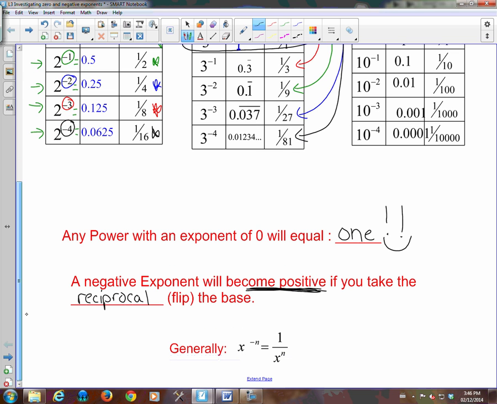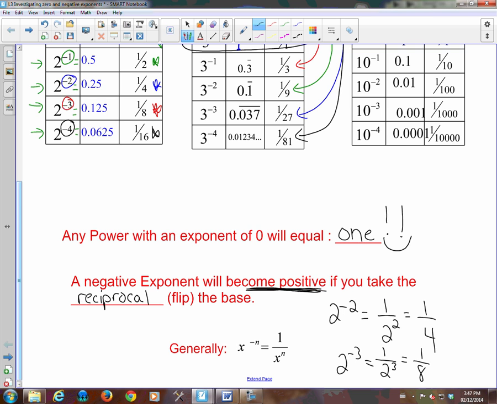So in the questions we were looking at, we had 2 to the negative 2. And if I flip it around, I end up with 1 over 4, just like the pattern in the table. Or if I had 2 to the negative 3, if I flip it around, I put 1 over, it ends up like the pattern in the table.